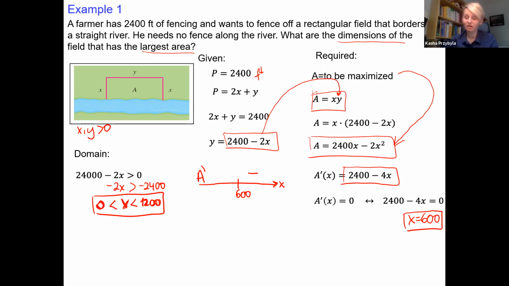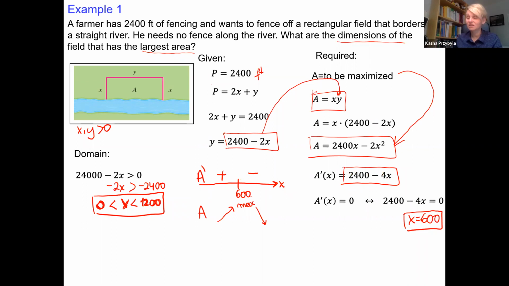If I pick a number smaller than 600, like 1, 2,400 minus 4, it will be positive. Then my function, which is the area, will be increasing, decreasing. Definitely maximum, and that's the only maximum, the only extreme value. That means at 600, this function attains maximum, and that means this is the largest area.